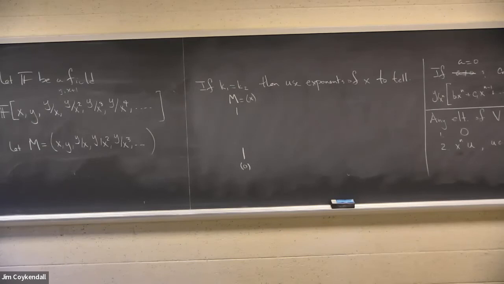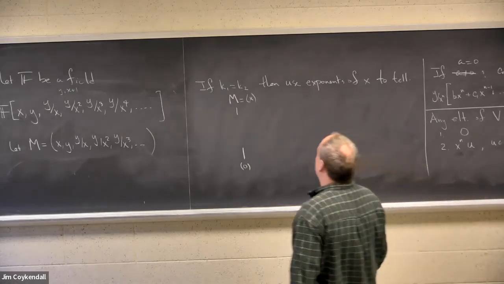Otherwise, my whole example is wrong. If you can't think of it yourself, put your heads together. Correct, x plus 1 in the localization is a unit, because x is in the maximal ideal, so x plus 1 is not in the maximal ideal. It turns into a unit. So in a silly way, it divides, because in the valuation domain V, I'm allowing 1 over x plus 1. So that's what happens here.